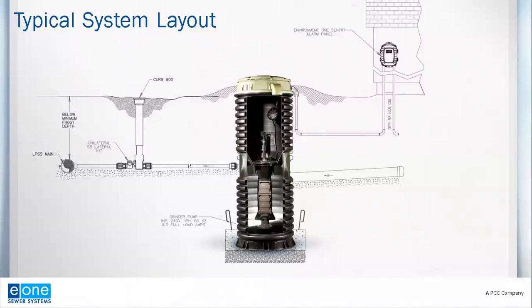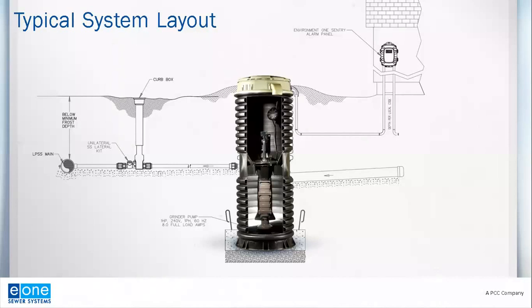There you see the pump down in the bottom of the tank, again, in the wet well. And below that, there's a ballast, and there are prepackaged ballast systems available out there. Exiting the tank on the left side is a 1 1/4" discharge, which connects to a lateral.